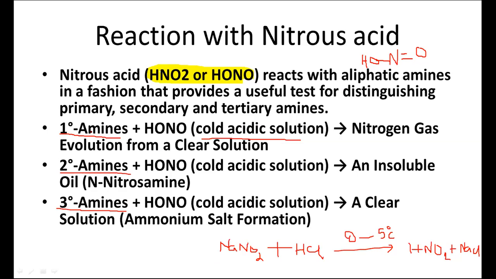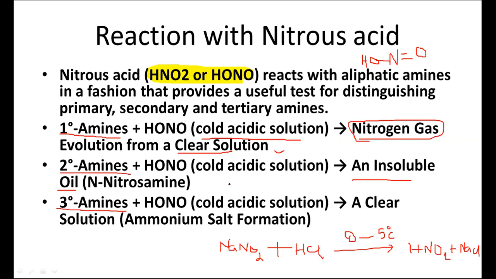Whenever primary amines are treated with this nitrous acid, nitrogen gas is liberated, and you will get a clear solution. If it is a secondary amine, when nitrous acid is added, an insoluble oily liquid called N-nitrosoamine is formed.